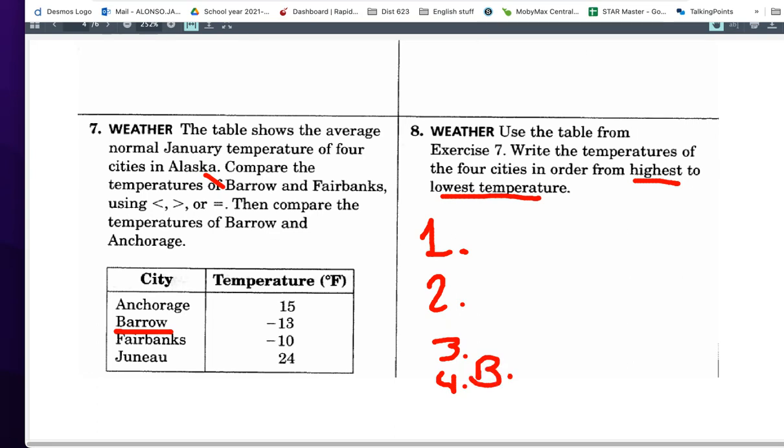You don't need to write the name of the city like I said before. The only thing that you need to write down is negative 13. So what number would you write here? What number would you write here? And so on and so on.